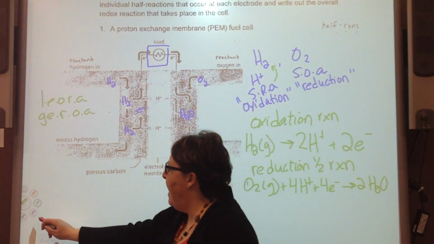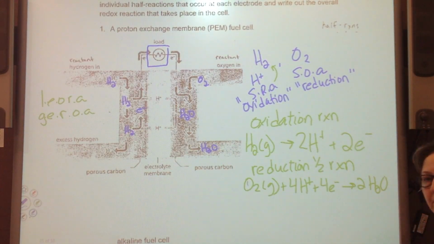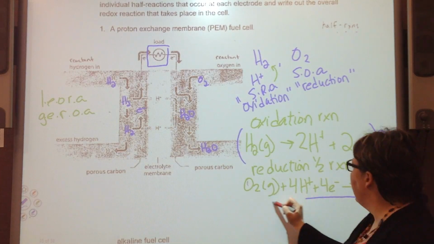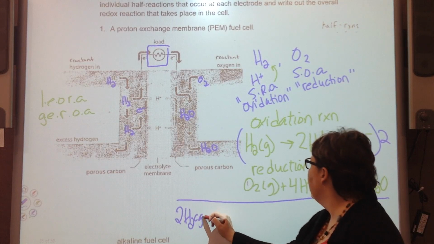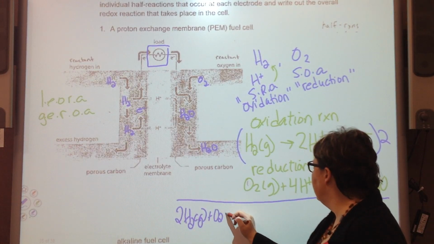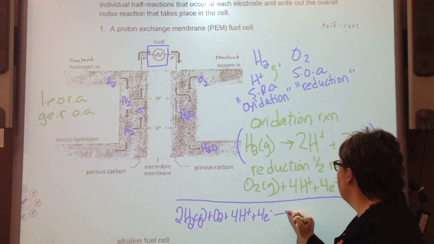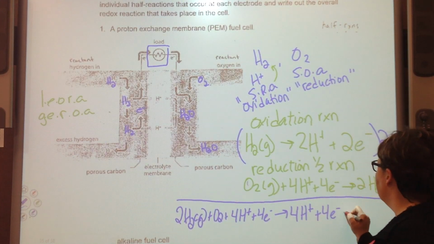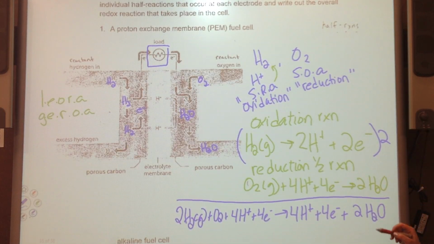So then, in order to have an overall balanced reaction, what do I have to do? Times the hydrogen by 2. Times this all by 2. So I get 2H2 plus O2 plus 4H plus 4 electrons gives me 4 hydrogens plus 4 electrons plus 2 waters. Did I get everything?